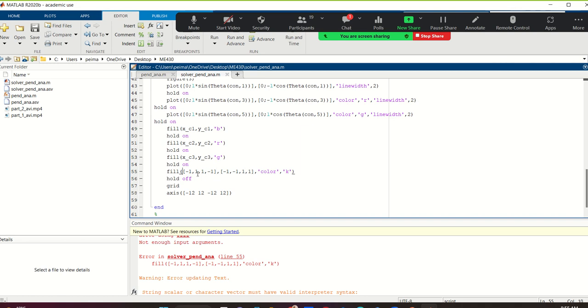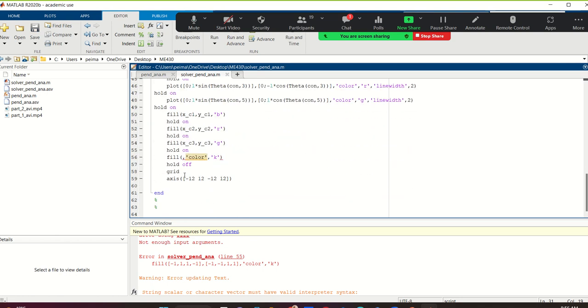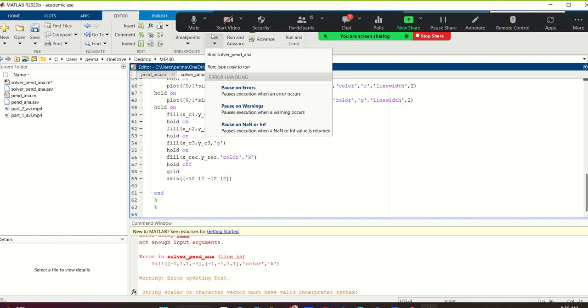No, I think I have to do this. x of rectangle, y of rectangle. Here we go, putting it outside of that. So here it's going to be x of rec, y of rec. Hopefully it works.